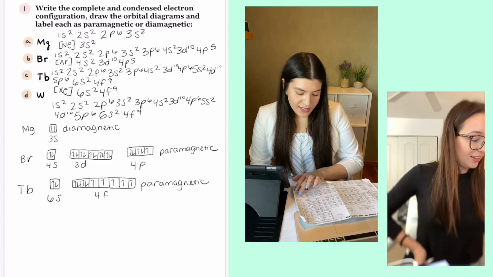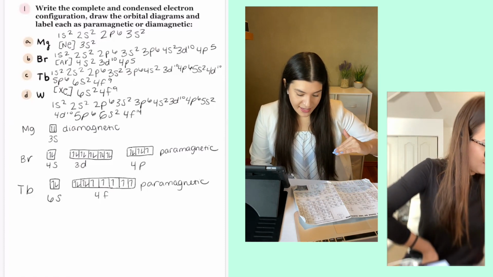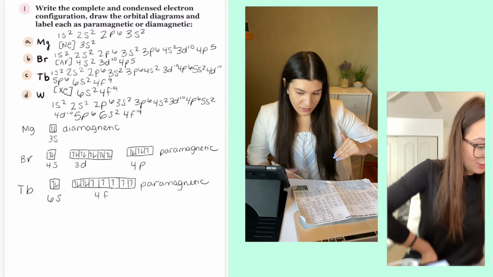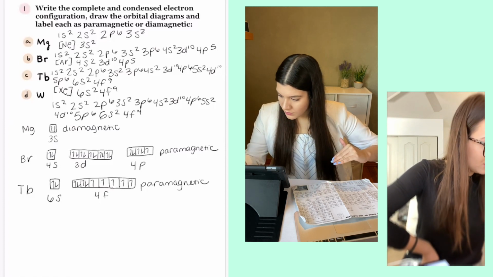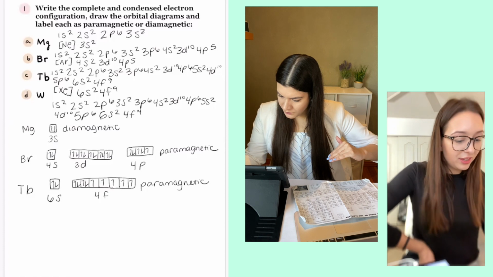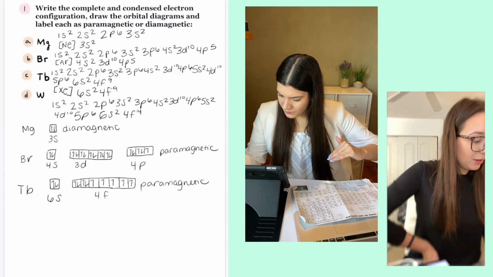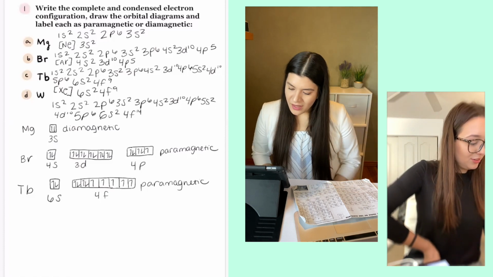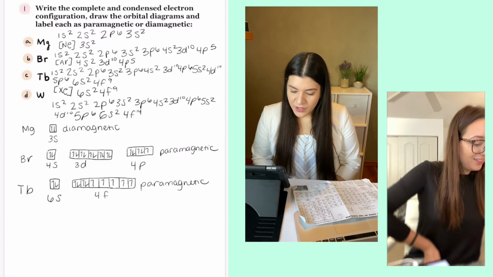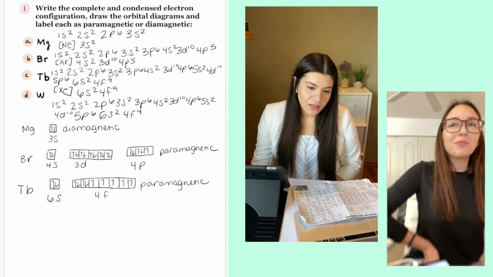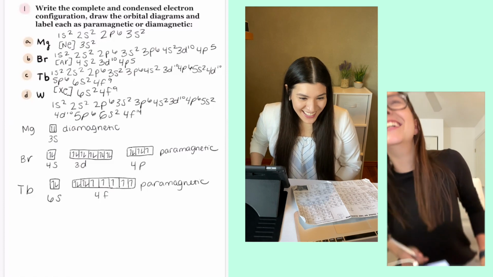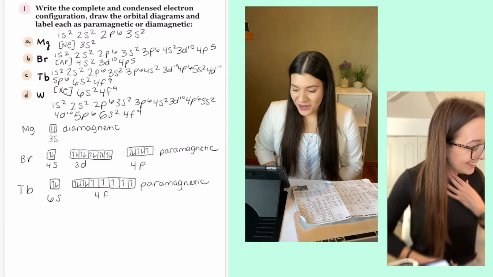Your periodic table, does that end at the very bottom? Does it end at 70? No, it's at 71. Oh, so is lutetium a part of it? It is. Is that the periodic table that you're going to be given? No. Okay. I was worried for a second there.